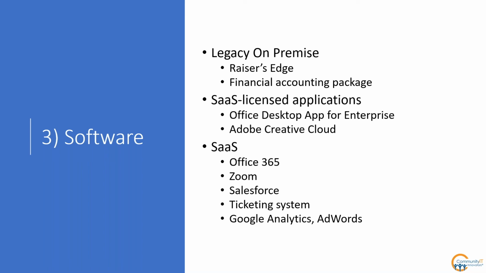And then finally, your software as a service, or SaaS, applications. These live in the cloud. They're basically cloud-based services. Office 365 is one of the most common. Google Workspace also. Google Workspace is pretty much free for nonprofits. Office 365, very complicated, lots of licensing.